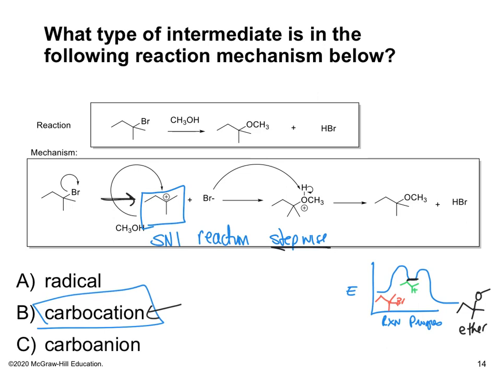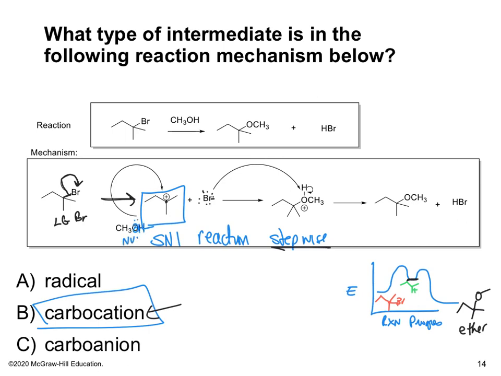You see what happens first. This is your leaving group, Br, and it leaves, taking those electrons with it and generating the carbocation. So this becomes the negative. Here's your nucleophile, the oxygen here.